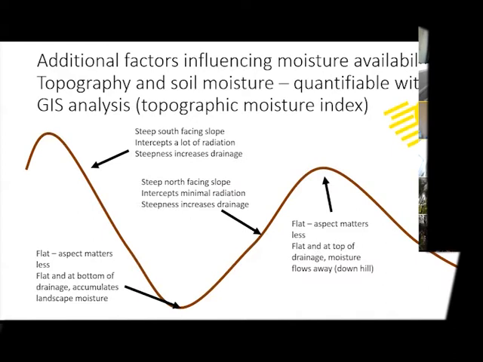Being located on the top of a hill, for example, leads to greater runoff of moisture, and so these sites tend to be drier. And if you're at the bottom of a valley, those sites tend to be wetter.